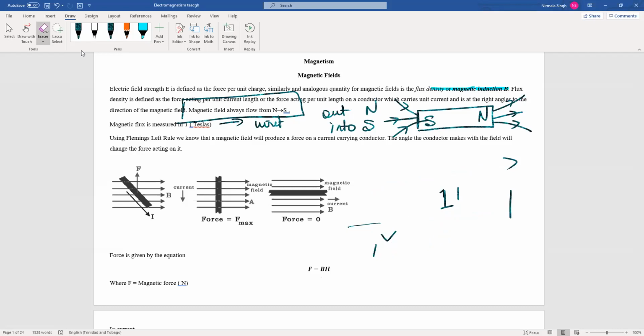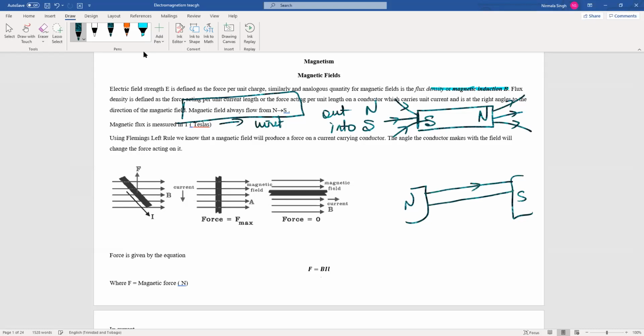Also, if we have two magnets, a north and a south, the field comes out of the north and goes towards the south. We're going to have to remember this when we are doing our left and right hand rules. So please remember your directions carefully, out of the north into the south. Lots of students remember north to south, but they usually mix up which one it is coming out of and which one it is flowing into.